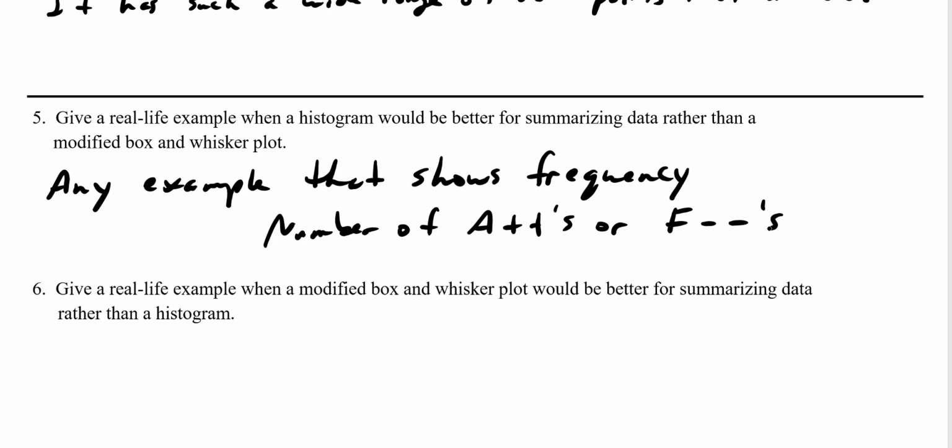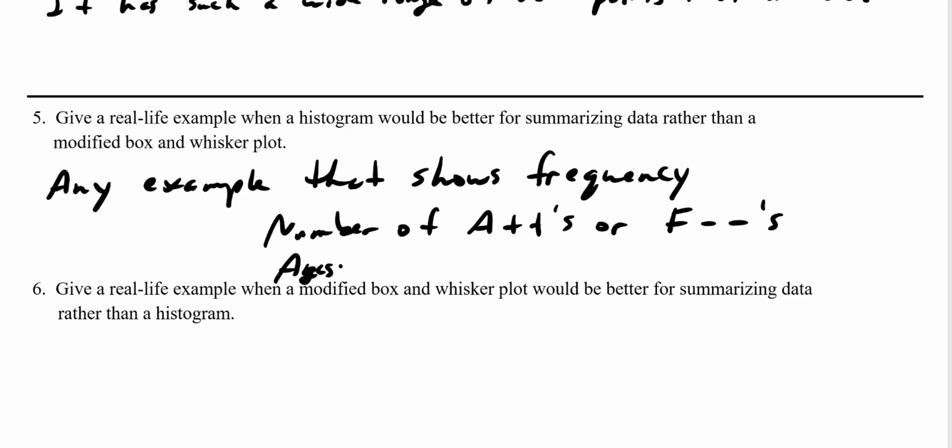Okay, age range, it could be. I could ask for the age of all the different kids in the class, and the frequency could be, okay, who's 15, who's 16, who's 17. It all depends on how you use it as well. But it's a frequency, how often it occurs.